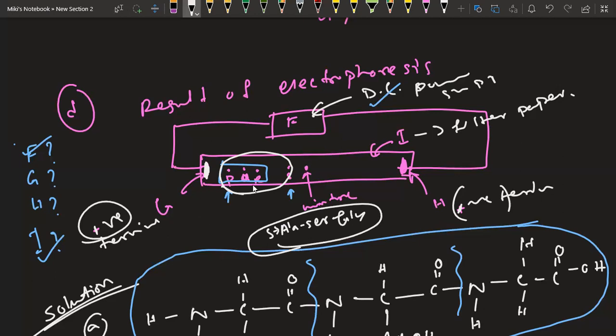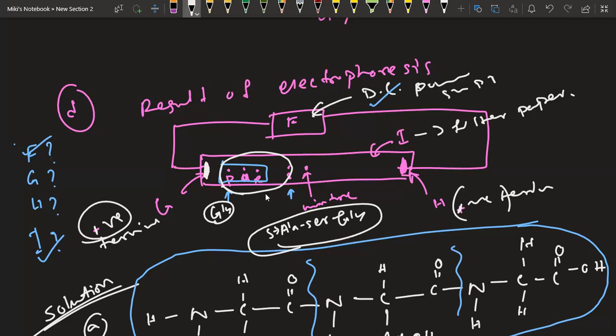So this is S. Now what is P then? P is the lightest. If you calculate the Mr of the individual amino acids, you would see that glycine is the lightest. So P is gly. The rest of them are Q and R. Q and R are alanine and serine. It is observable from the R groups, CH3 and CH2OH.